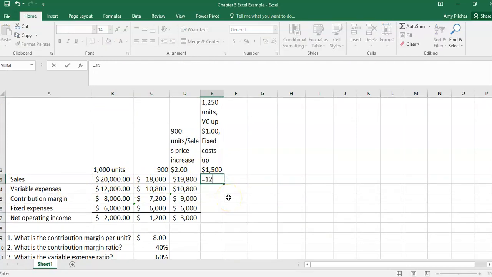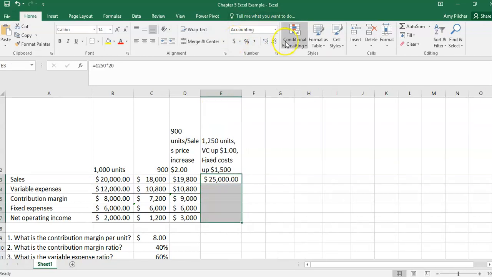So 1,250 units times $20 per unit. Our variable cost has gone from $12 a unit to $13 a unit. So our variable costs are 1,250 units times $13 per unit.